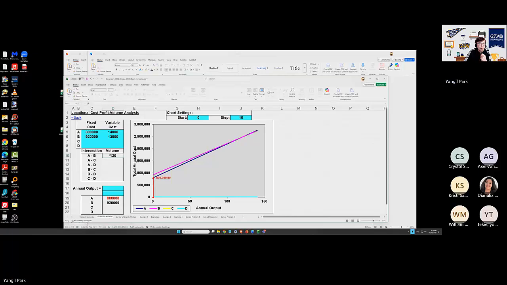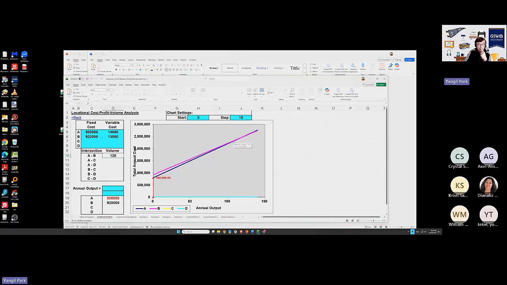Okay. Then if you look at this chart, it's a little bit unclear because the line is a little bit too thick. But we know that this 120 is right there, right? That's the intersection. So below 120, we know that A is better, right?